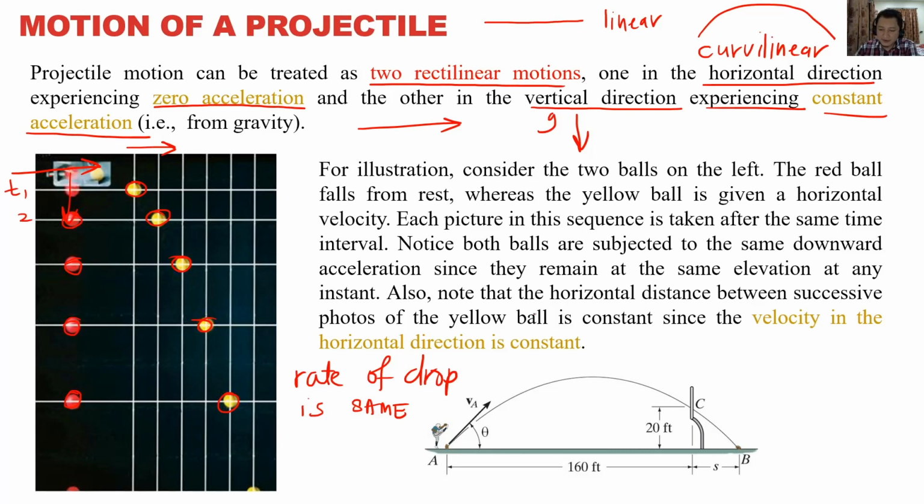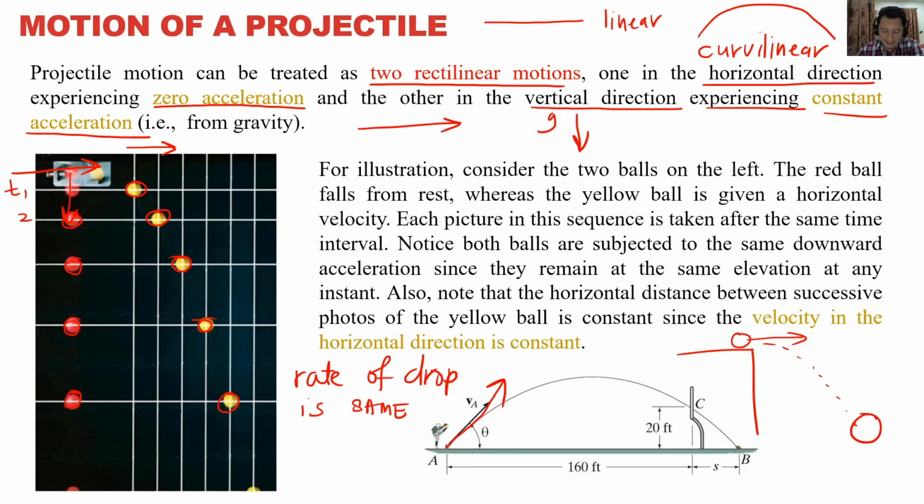So typically, if you want to incite projectile motion, you have to give a velocity at an angle, or you can just stand on an edge and then you just give a forward velocity. This thing will be dropping down like that.